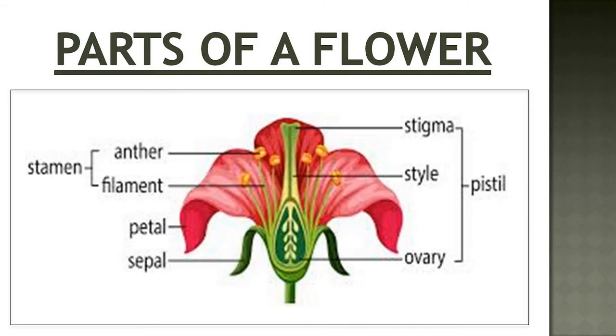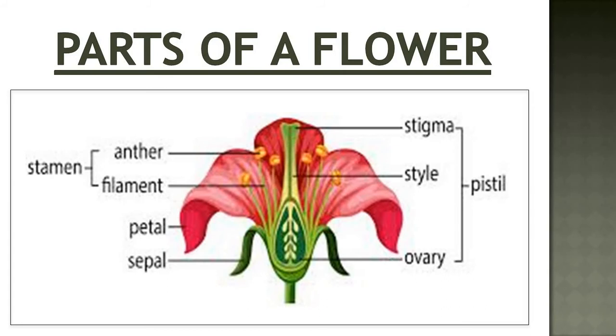The second row is corolla, which is made up of colored petals. The third row is androecium, which is made up of stamens. This part is called the male reproductive part of the flower, as the stamen has two parts, anther and filament, and inside the anther pollen grains are produced, which are the male sex cells.